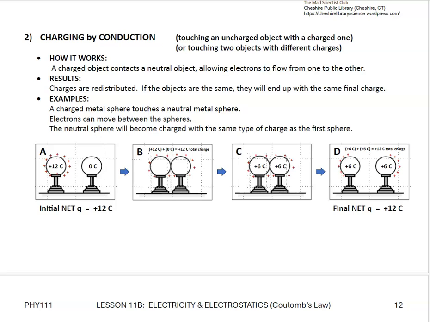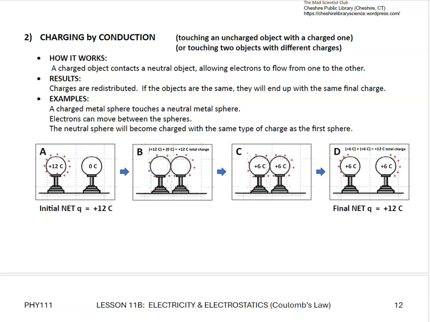In other words, we'll just add up the two charges, divide by 2, and that's what each ball will end up with. But since we're talking about charging by conduction, the implication here is these are situations where you're taking a ball that has no charge on it. It's a neutral ball, as shown in box A, with the right ball that has 0 coulombs of charge.